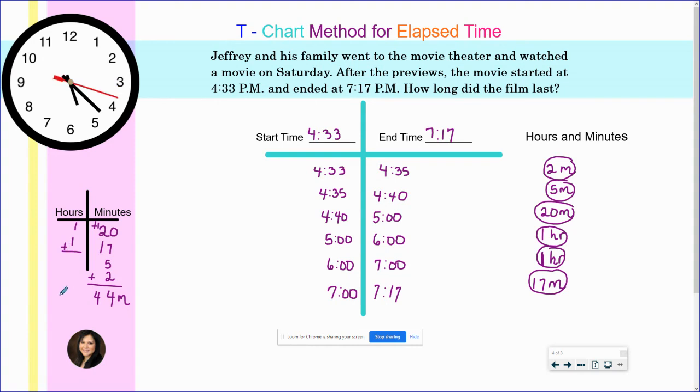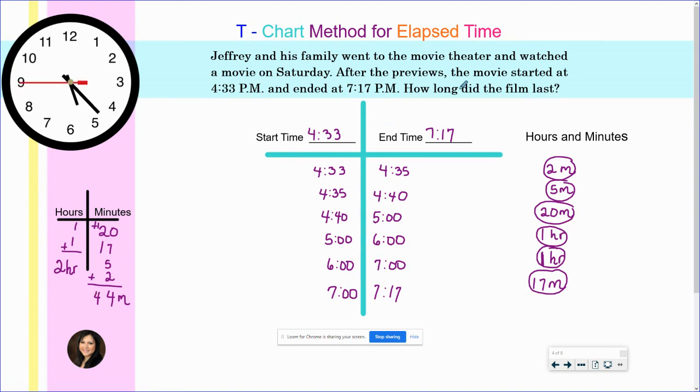That's going to put me at 2 hours. I like to organize my information this way because if the minutes had equaled 60 or more, I would need to convert this time to another whole hour. So because I'm under the 60 minutes, I have no converting to do.